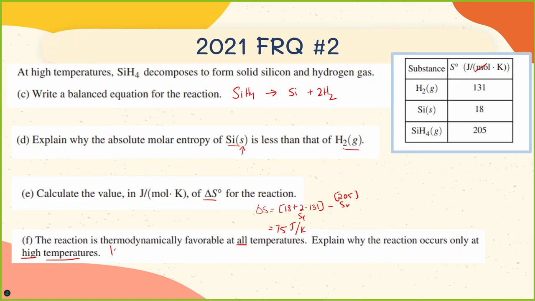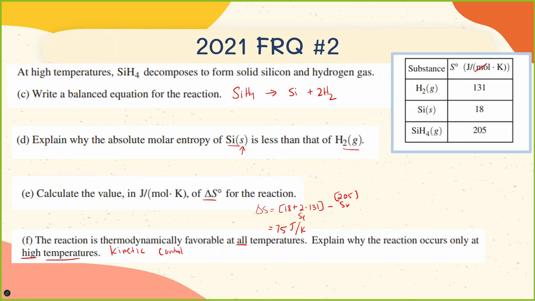So it's not proceeding to any measurable extent at the lower temperatures. You would cite kinetic control and that it has a high activation energy. And so that was basically what that one was hinting at there.